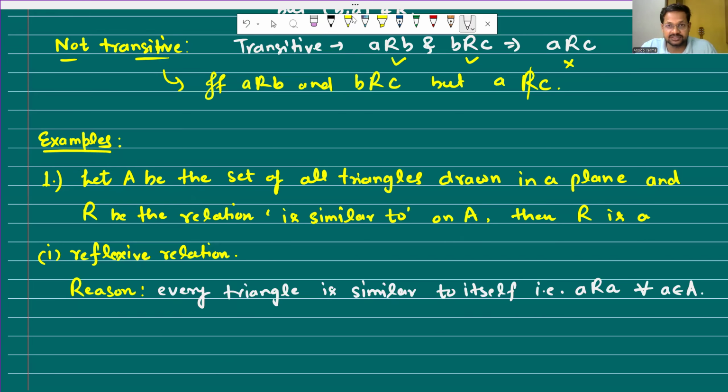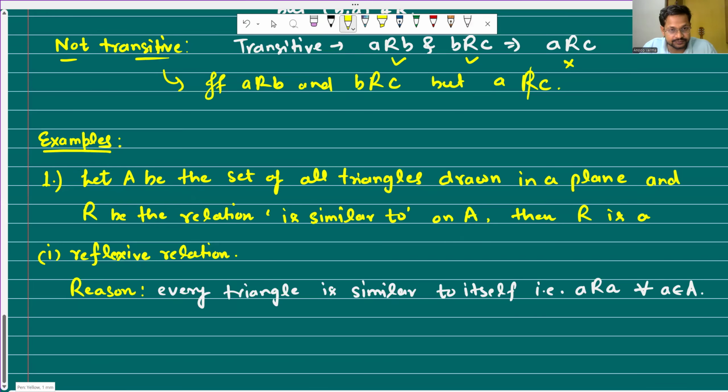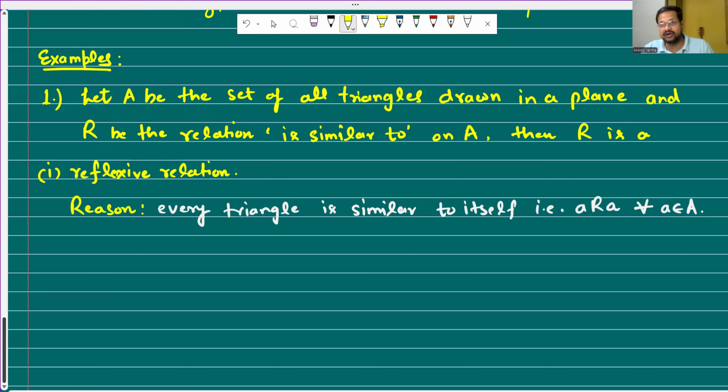Next we can easily say it is symmetric too. क्योंकि if a triangle is similar to other, then other will be also similar to first one. Okay, so this is also similar. You can just say symmetric.